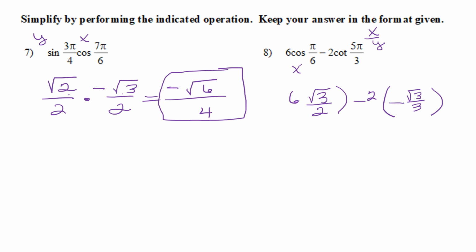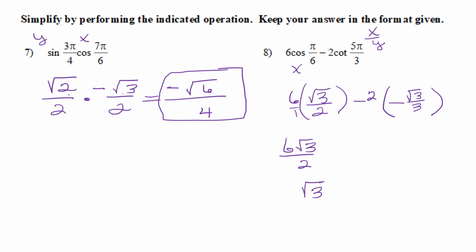Okay, so now that we have each of those evaluated, let's go through and multiply and simplify. 6 multiplied by square root 3 over 2, that's like a 6 over 1. You can write it as 6 root 3 over 2, or you could just go ahead and reduce that to be the square root of 3 over 1. You don't have to put the baby 1 there, okay?